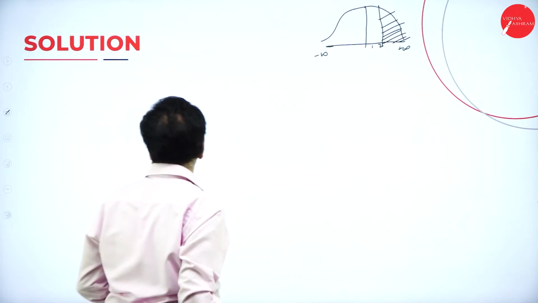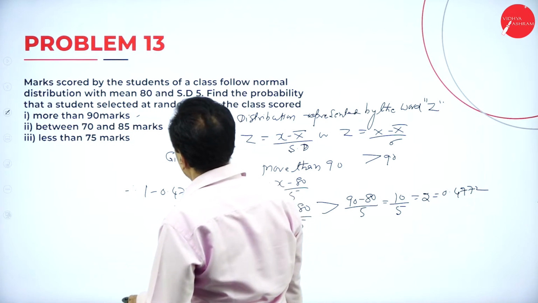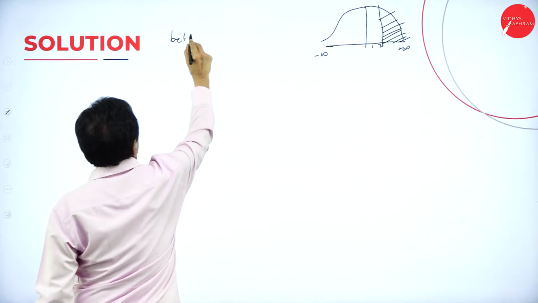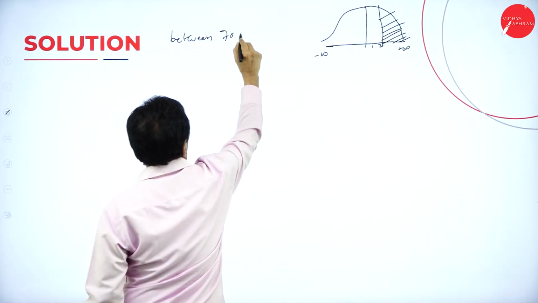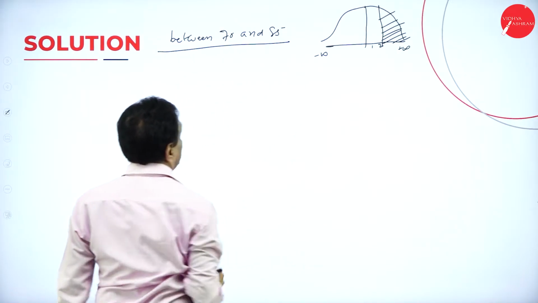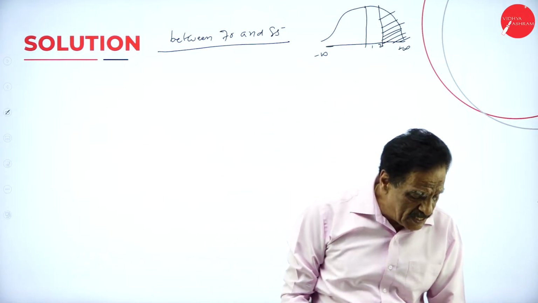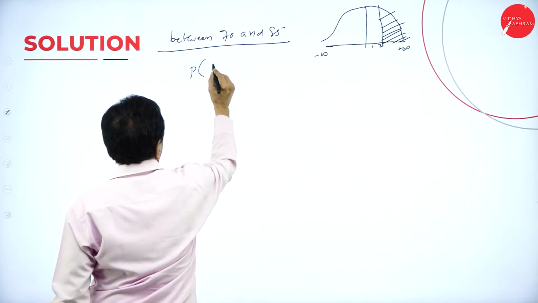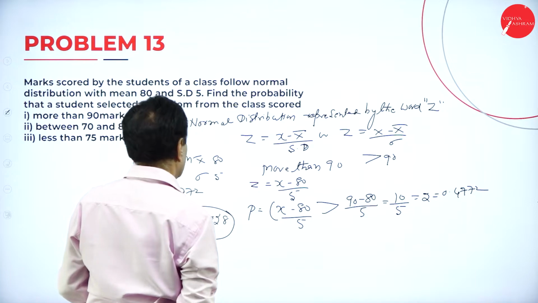What is the next question? Between 70 and 85. So when x value is 70, when x value is 85, P of x between 70 and 85. What's your mean?